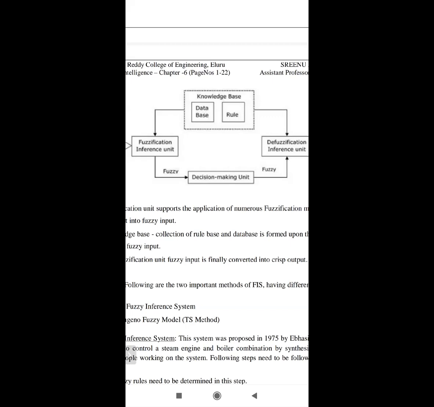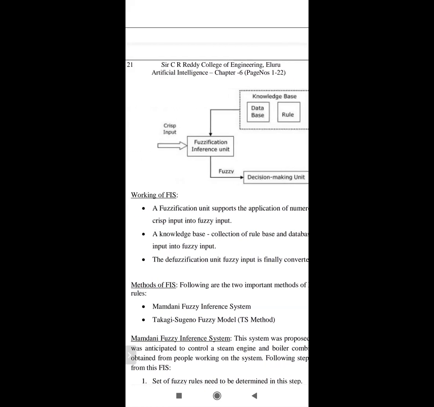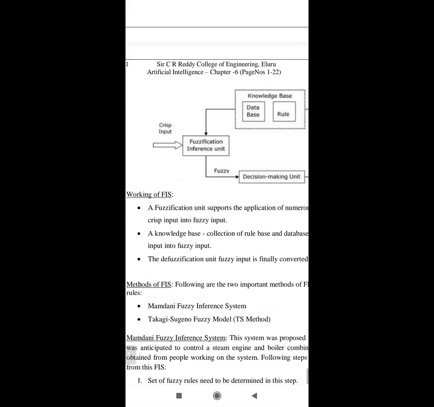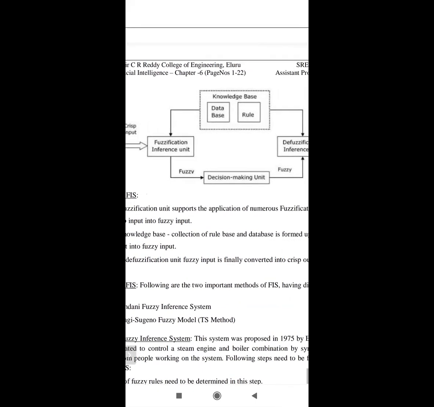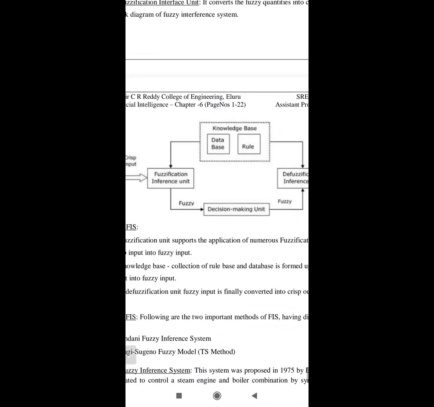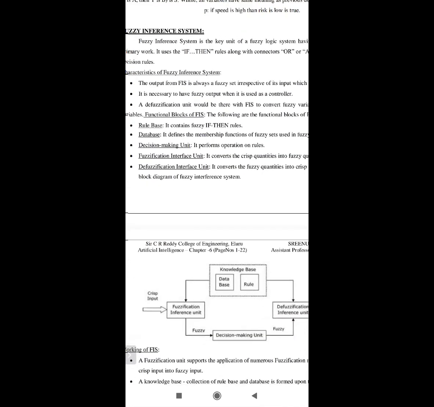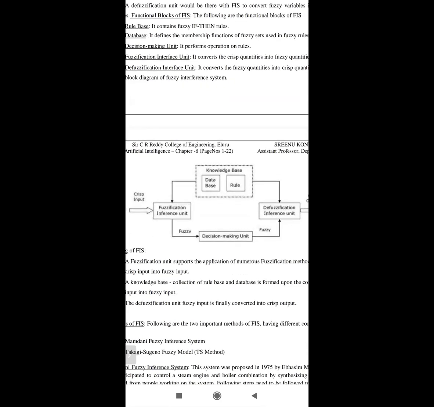That means the crisp input will be taken by the fuzzy inference unit, and all the rules that are to be applied, and all the membership functions that are to be used in the fuzzy sets, are there in the database and rule base. So it takes the membership functions and also the rules from the knowledge base.